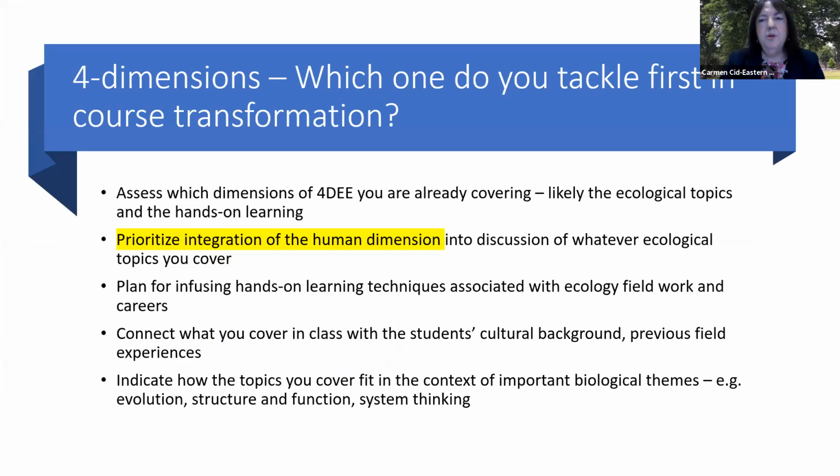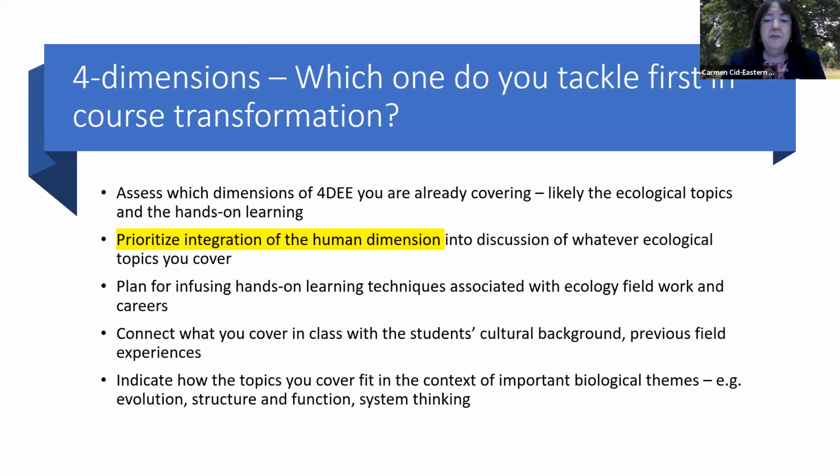I'm going to focus on how you do course transformation. What do you do first? Well, if you're dealing primarily with basic topics and the practices, make sure you prioritize integrating the human dimension into the discussion of each of these topics, and continue infusing hands-on learning techniques.